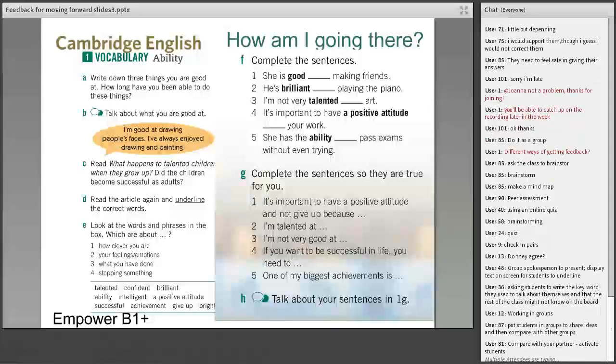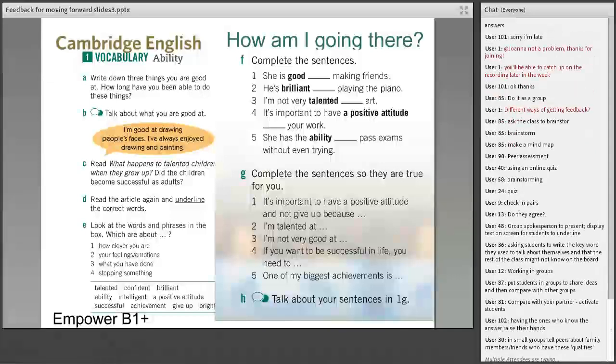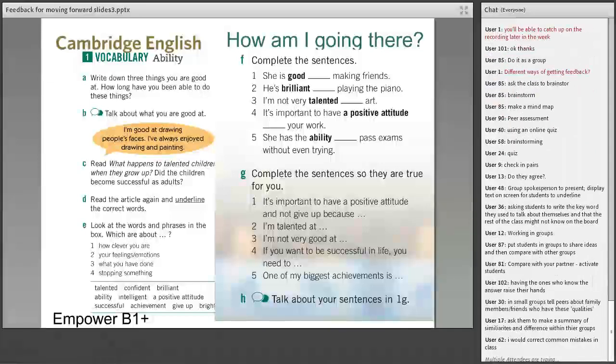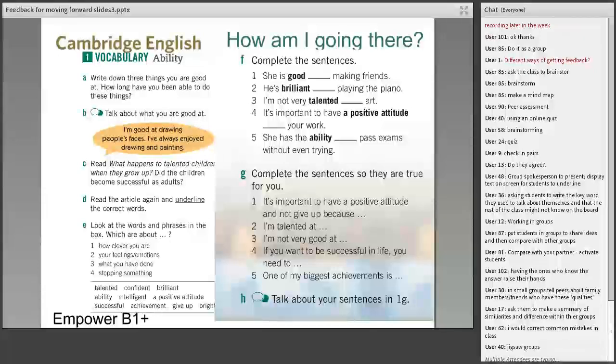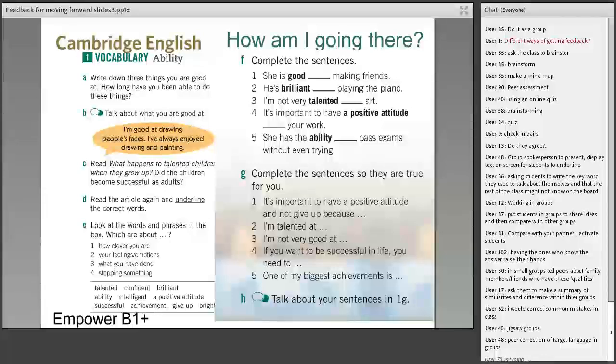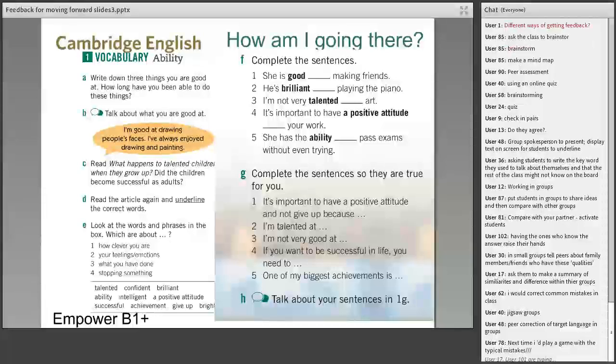Okay, if you're not writing, perhaps you could read what's in the quiz. Those going in the chat box. It's going quite quickly though. Okay, remember what we need is how they are sharing their answers with the whole class.